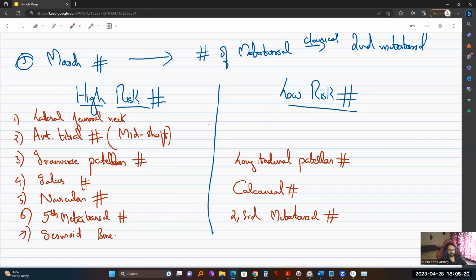So here the lateral femoral neck is high risk and the low risk is the medial femoral neck. And for the anterior tibial fracture, the low risk variety in the tibia is the posteromedial tibial fracture.